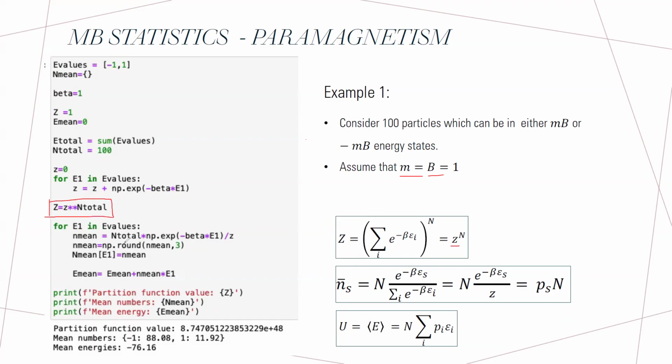And then here I'm calculating the mean n value for each energy state based on this expression over here. So we can compute it. And also we need to calculate the mean energy value. So to calculate that, I'm using this expression over here.